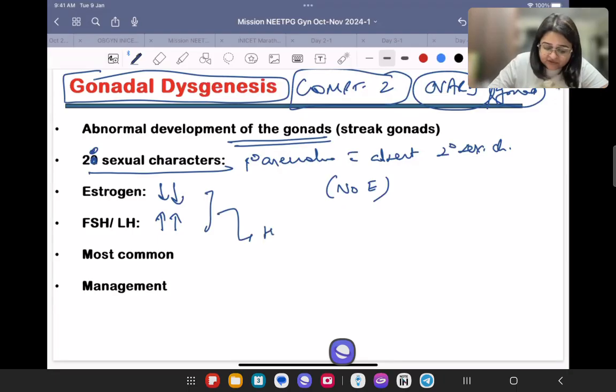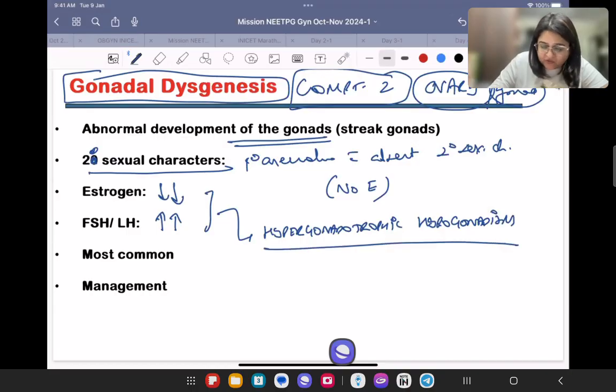This is referred to as hypergonadotrophic hypogonadism. Hypergonadotrophic because the gonadotropins, FSH and LH, are high, and hypogonadism because the estrogen level is low. So hypergonadotrophic hypogonadism is seen when the problem lies at the level of the ovary or the gonad.